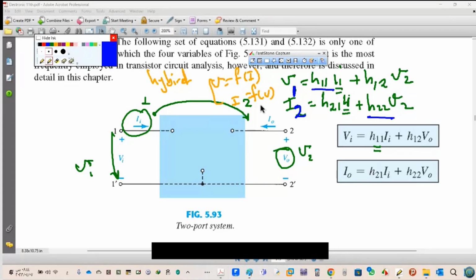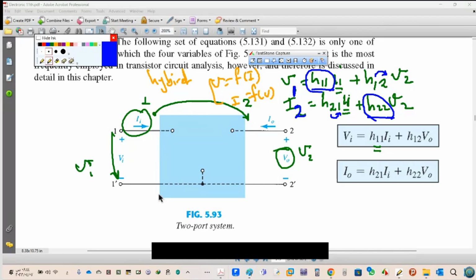Here I have h11, here I have h22, and here the effect from output to input, here the effect from input to output. So in the hybrid model, we have 4 parameters.